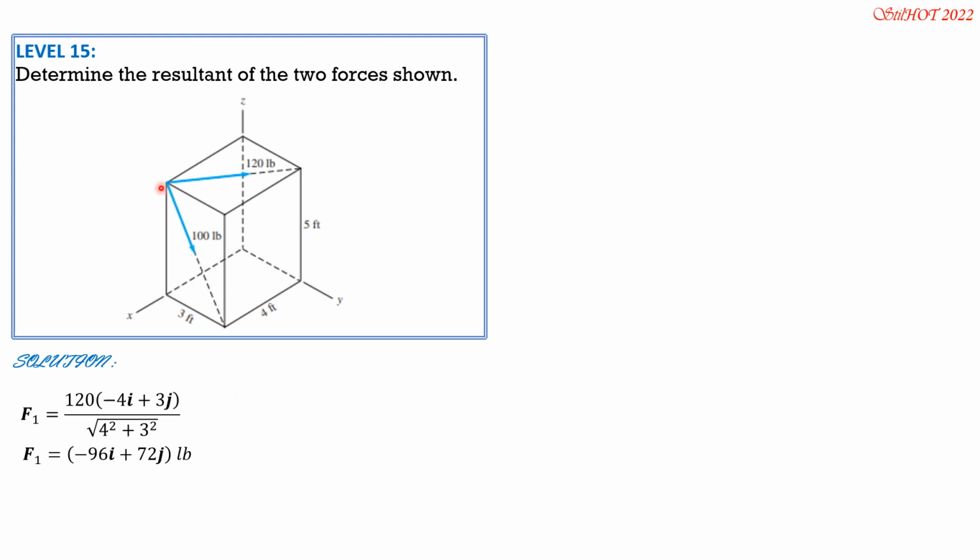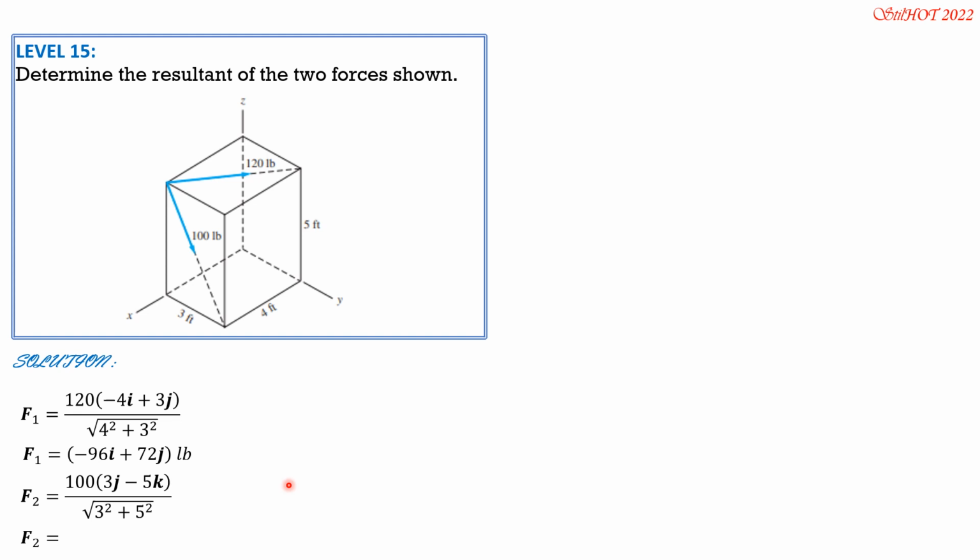Call this F2, this 100 here. So the movement to reach this point is positive 3j along y, negative 5k along z. So it is 100 times quantity 3j minus 5k divided by square root of 3 squared plus 5 squared.